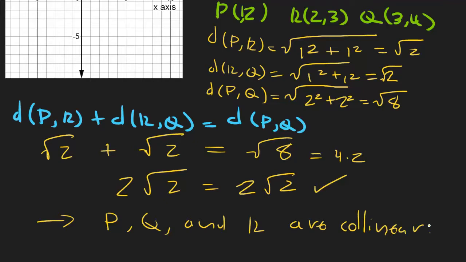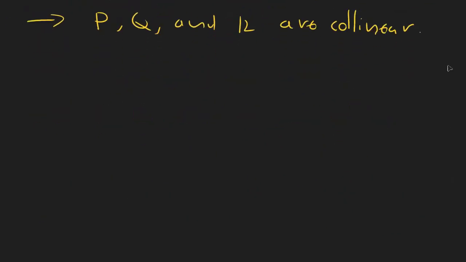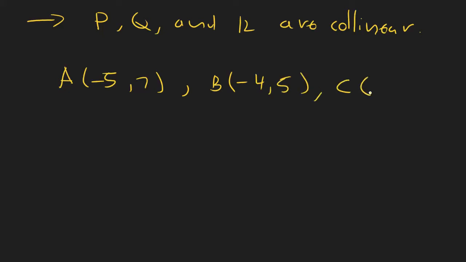Now, you can try a similar example. Let's say we have three points: A is (-5, 7), another point B is (-4, 5), and another point C is (1, -5).